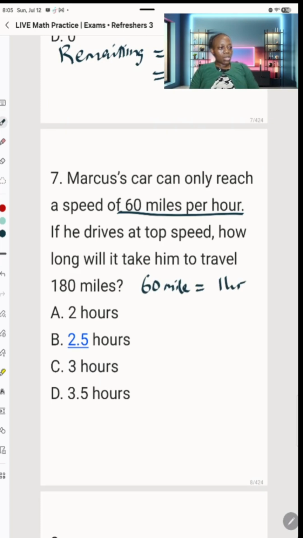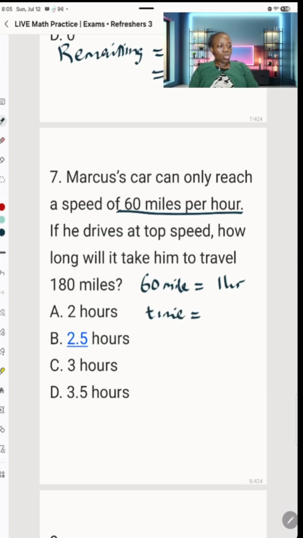Then talking about driving at the top speed, how long? We are looking for time. What time will it take him to travel 180 miles, based on that? So if it is 60 miles per hour, then what do we need?